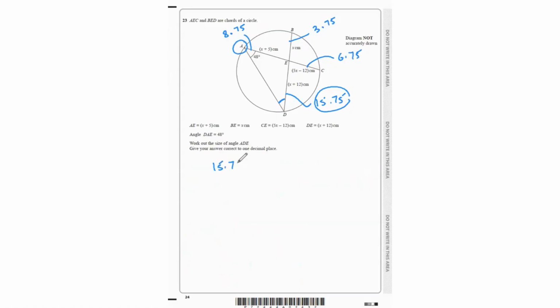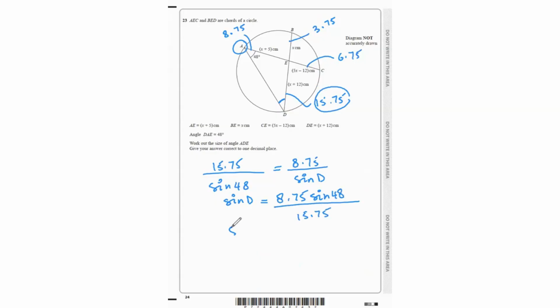So let's do that. 15.75 divided by sine of 48 equals 8.75 divided by sine of angle D. Sine of angle D equals 8.75 times sine 48 divided by 15.75, which is going to give us 0.412858.